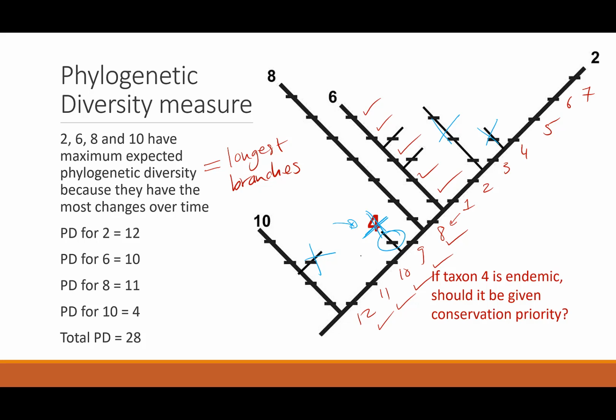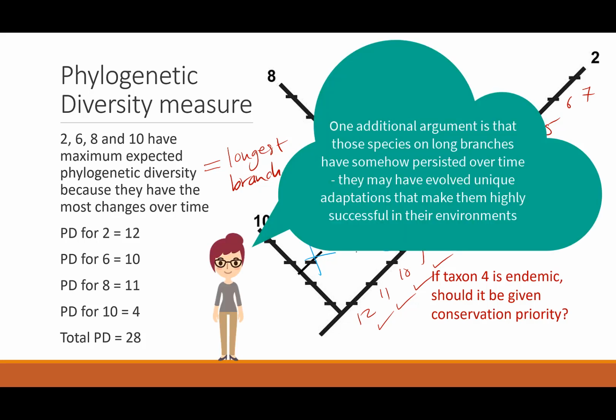So think about that, right? Phylogenetic diversity is important because it focuses on species that have over time evolved potentially unique behaviors, morphology, and other features that make them very different from other species, and which might suggest that we should focus our conservation efforts on those particular species because they are an emblem of phylogenetic diversity.